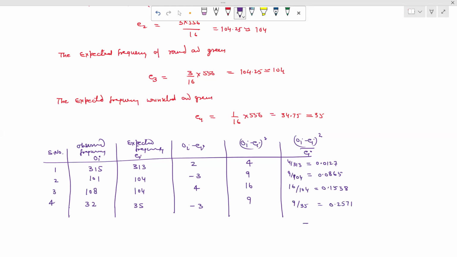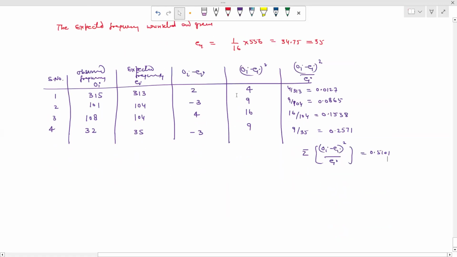When we sum this as per the formula, the summation of OI minus EI to the whole square upon EI is equal to 0.5101.